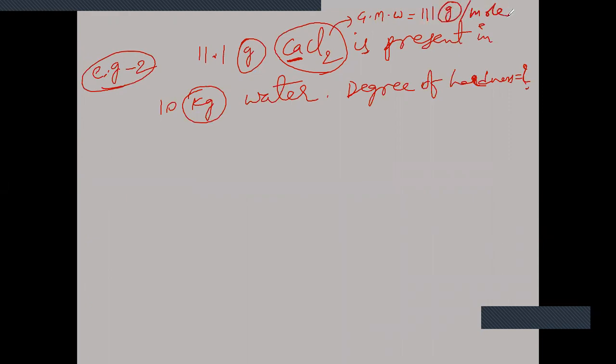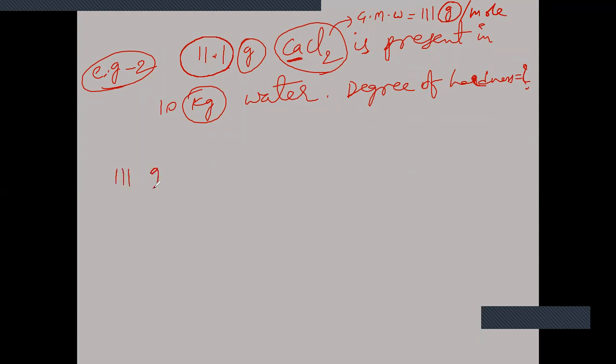In 1 mole of calcium chloride, how many grams are present here? 111 grams present. So 111 grams of CaCl2 is the gram molecular weight. Okay. Now this 11.1 grams of calcium chloride should be converted into what? Equivalent weight of CaCO3. How do we do it?